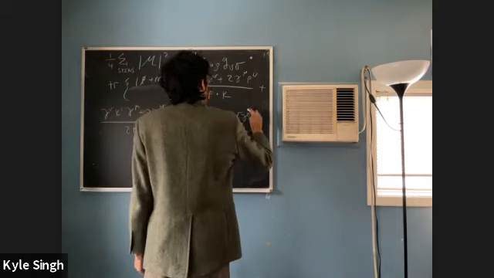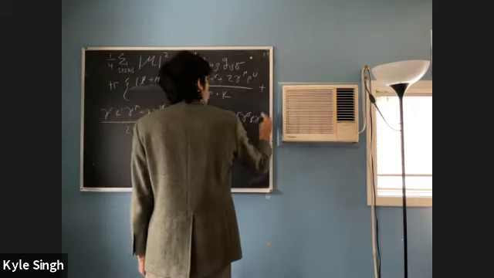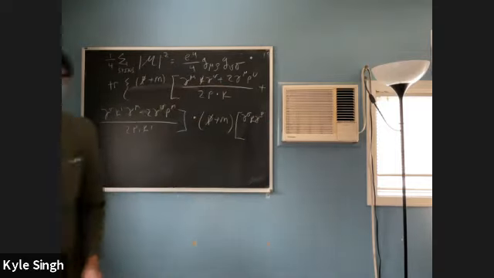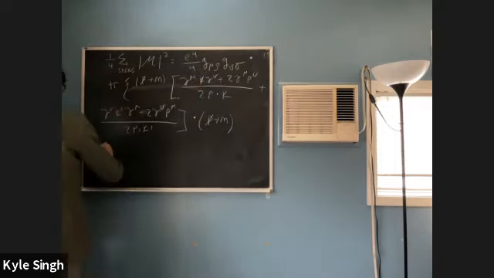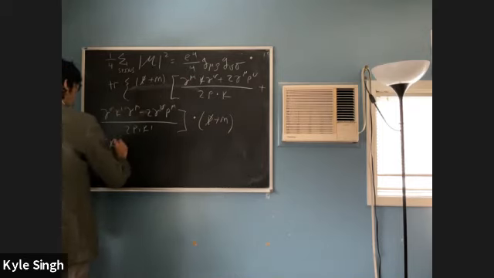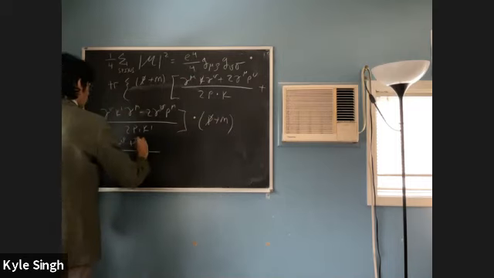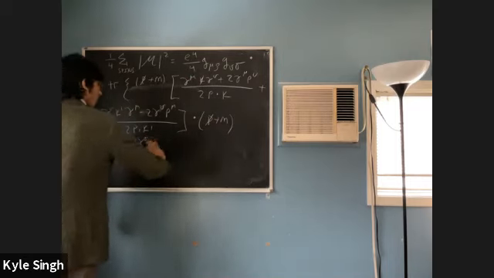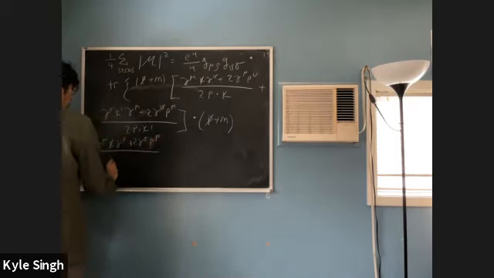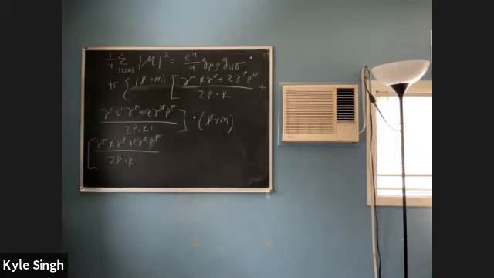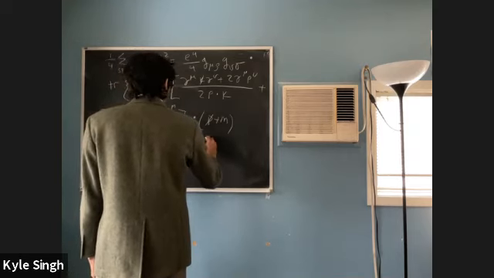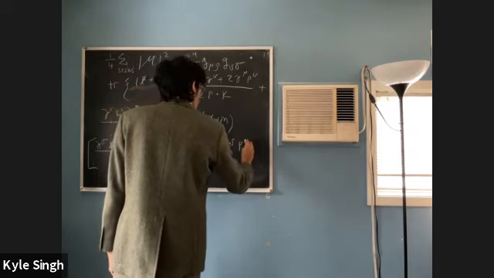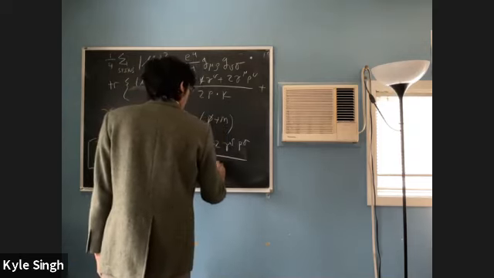So I have gamma^σ k slash gamma^ρ, plus 2 gamma^σ p^ρ over 2p dot k, plus gamma^ρ k prime slash gamma^σ plus 2 gamma^ρ p^σ over 2p dot k prime.